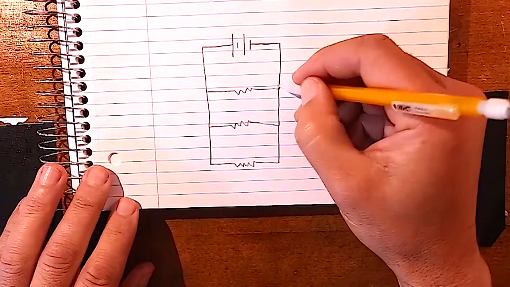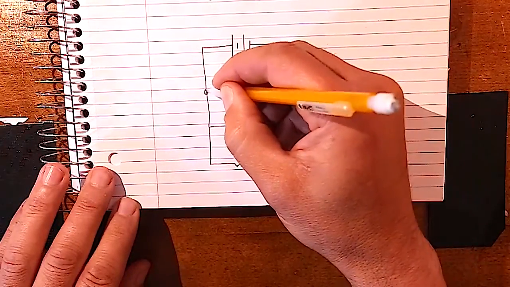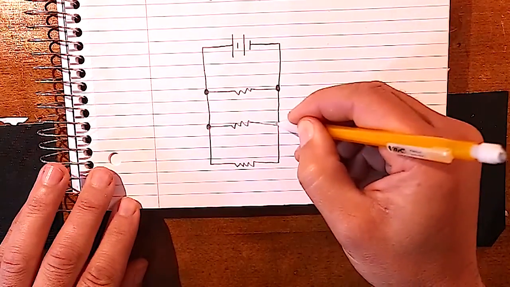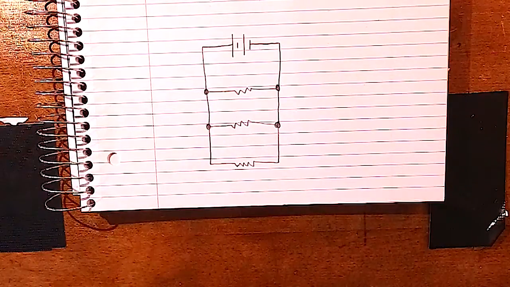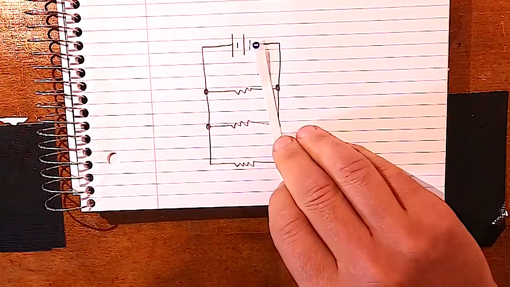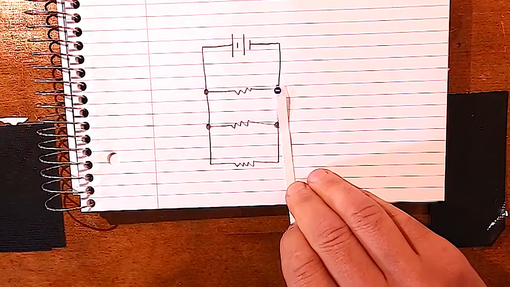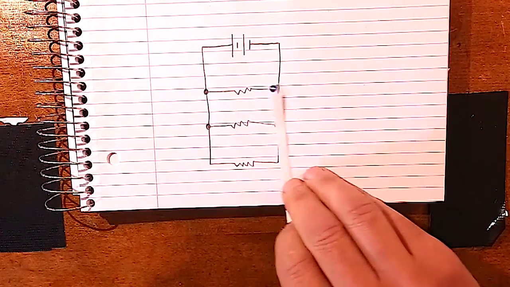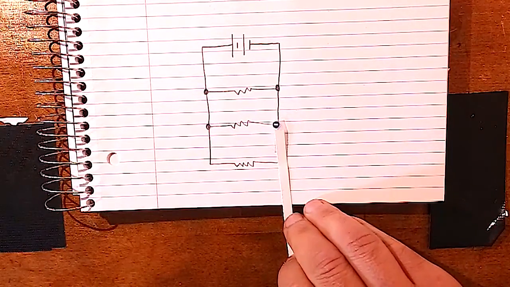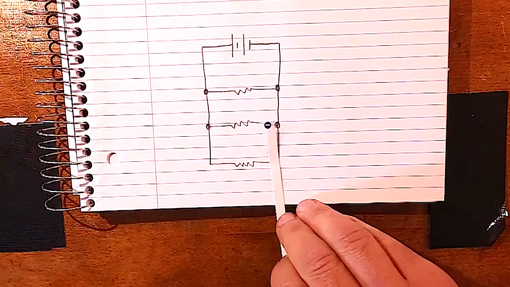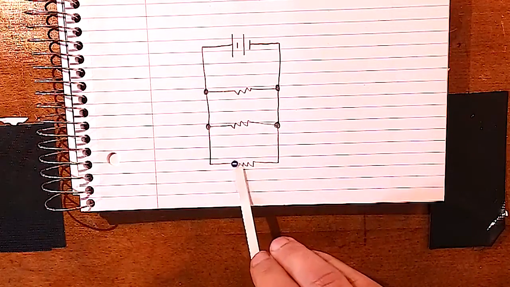In a parallel circuit, we have junctions. We have points of splitting where electrons can go different ways. If we look at this, we could have an electron come down. It has a choice. It can go this way, or it can go down to here, and then it has another choice. It can go this way, or it can go this way.